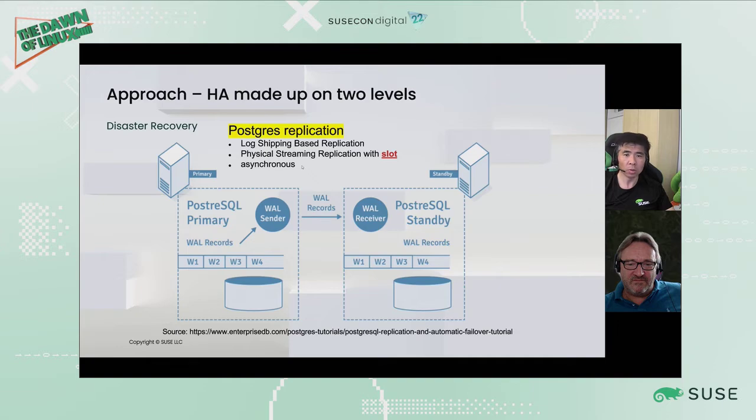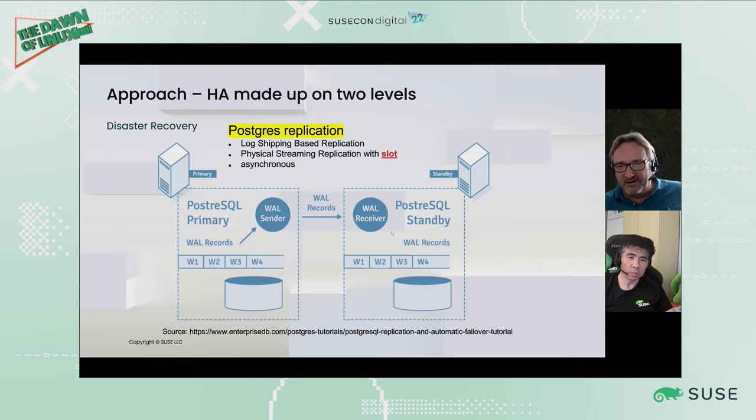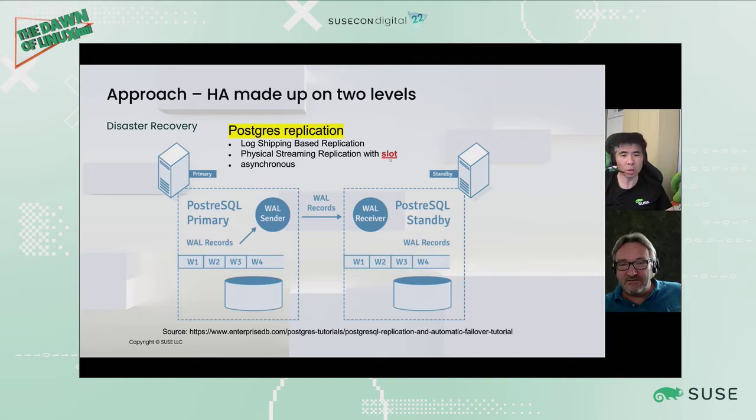So the words to be highlighted are streaming replication plus replication slot. Well, slot seems to be pretty important. It's printed in red. Why is that? And what is that? So why do we use slot additionally?